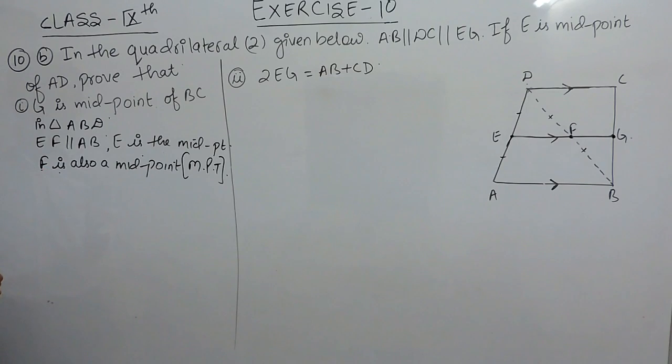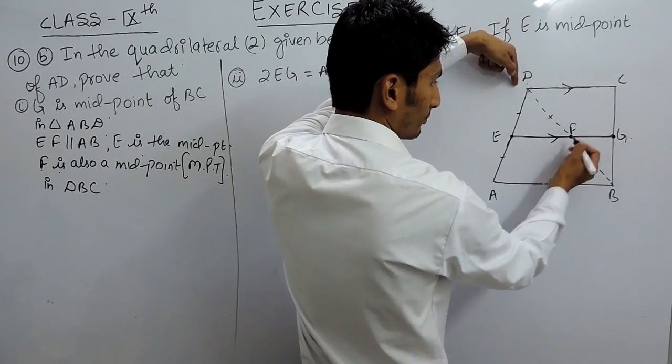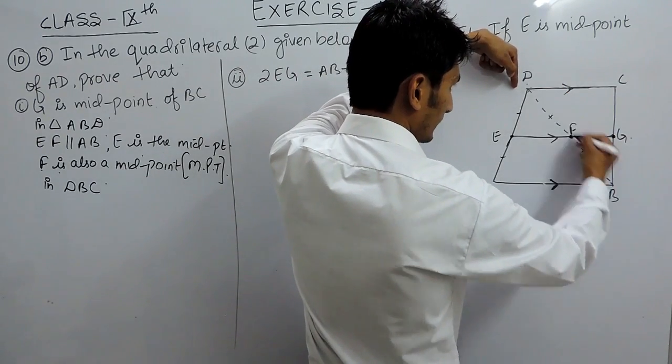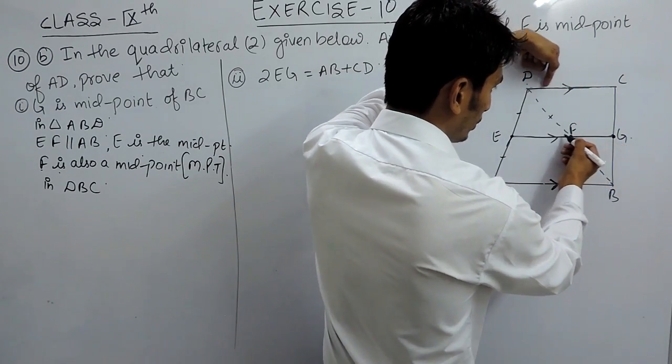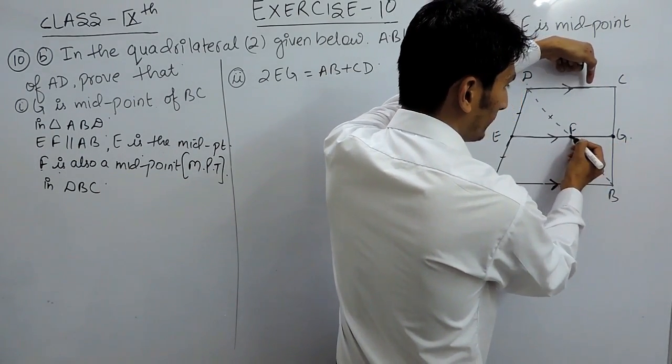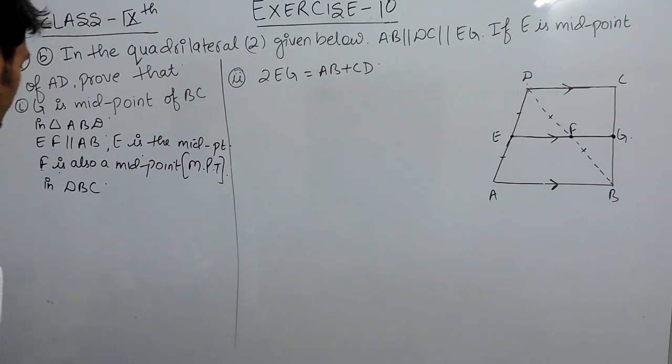Now if F is the midpoint, in triangle DBC we have proved F is the midpoint of DB, and FG is parallel to DC. This is given to you. If I draw a parallel line from the midpoint, again it should meet the midpoint of the third side.